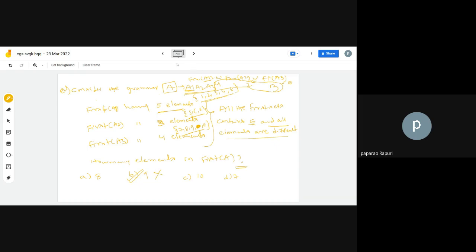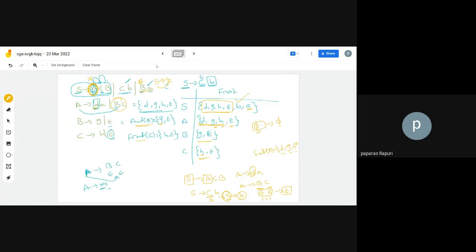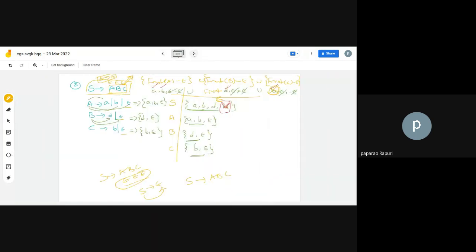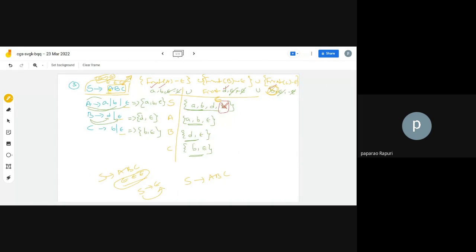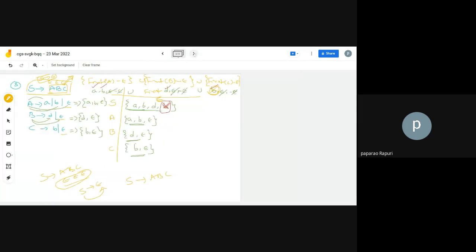Because in the previous example I explained to you, suppose if it is epsilon, epsilon into epsilon, S is producing epsilon.